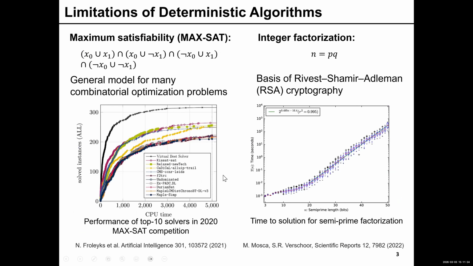So let me begin by showing the motivation. One way to motivate why we need probabilistic computing is that if you think about the conventional way we do computing, it's essentially based on deterministic algorithms on von Neumann machines.